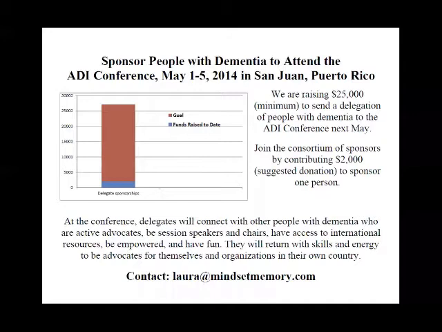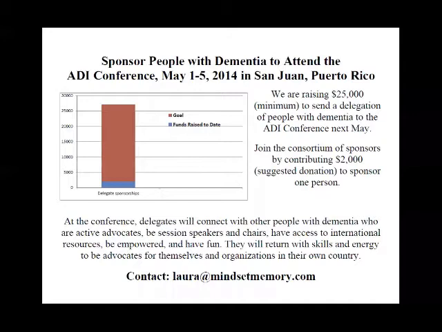They have an opportunity to connect with other people with dementia who are advocates in their own countries and who then come back to their own communities knowing how to be advocates for themselves and for organizations in their own communities. They will also be invited to be session speakers and chairs of sessions, and they'll have access to international resources by meeting people from organizations around the world. We find that people are empowered and they have a lot of fun. And fun is really important because it just is.